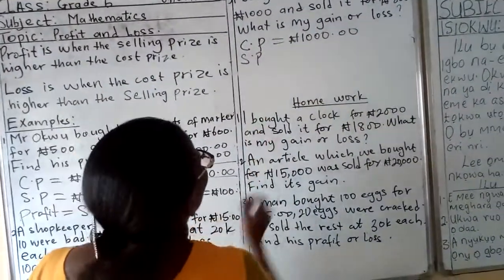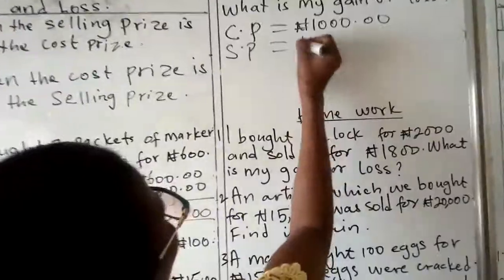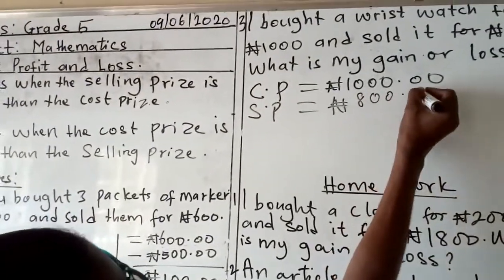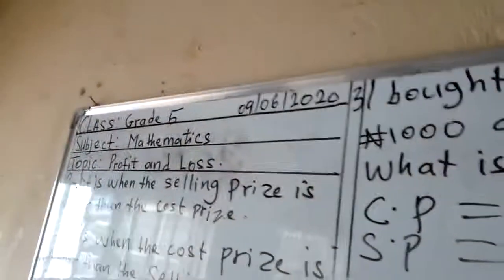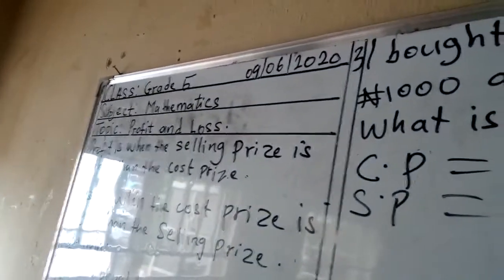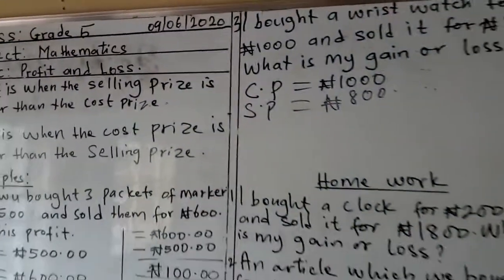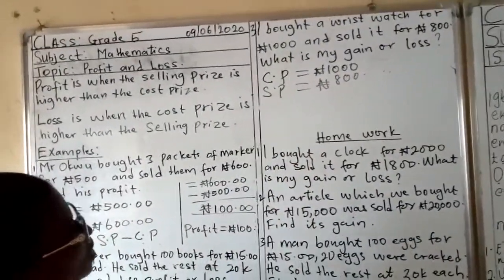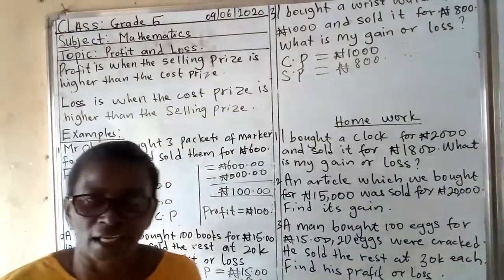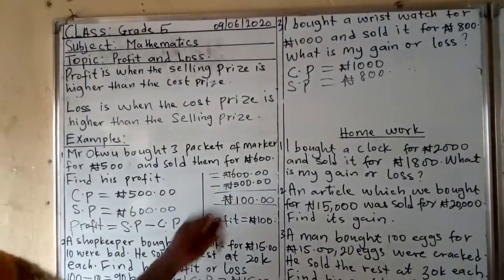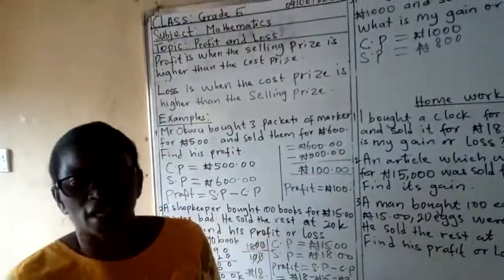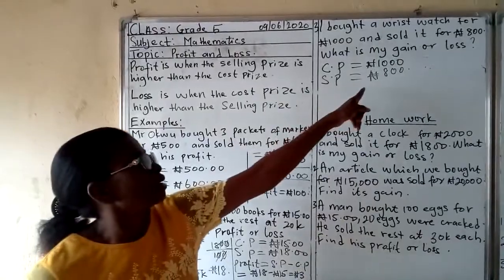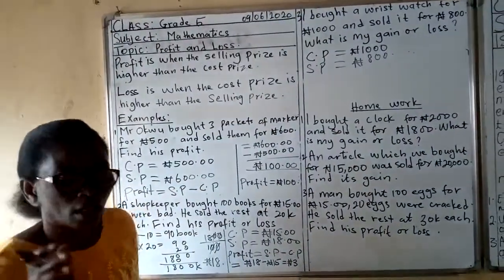SP, which is the selling price, equal to 800 naira. When you look at these two figures, you can see that 1,000 naira is bigger than 800 naira, which suggests to you that there is a loss. So for that reason, you can see that it's going to be a loss.